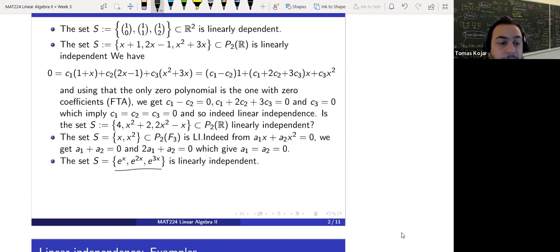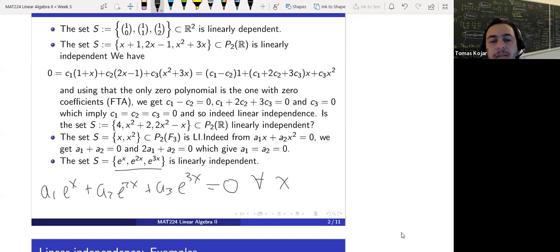We ask for a1 e^x, a2 e^(2x), and a3 e^(3x) to sum to 0 for all x, let's say in the reals. Okay, so that's the requirement. That's a very strong requirement. It has to be true for all numbers.